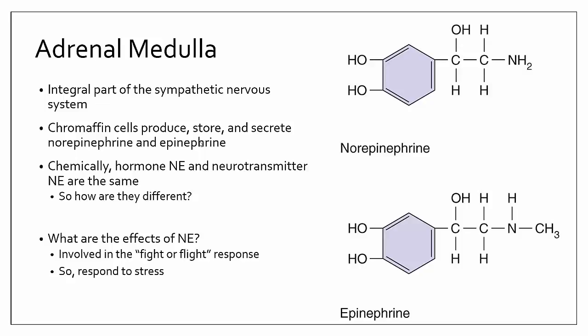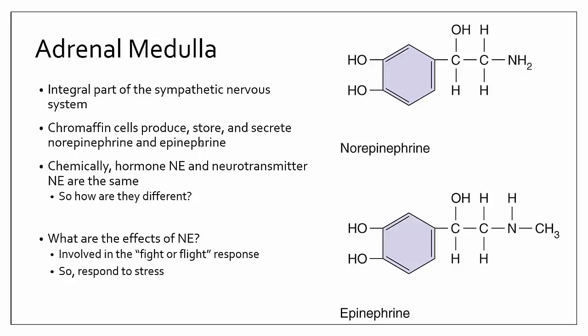The difference is the hormone norepinephrine is dumped into the blood. That says something about how long it takes to act, because it's not hitting its effector right at the other side of the synapse. It's going into the blood and it's traveling. It takes longer to get to its effector cells, and it lasts longer because it circulates in the blood for a long period of time.